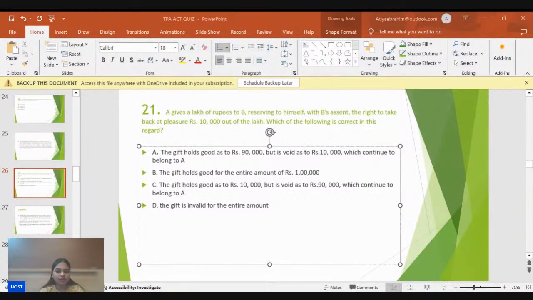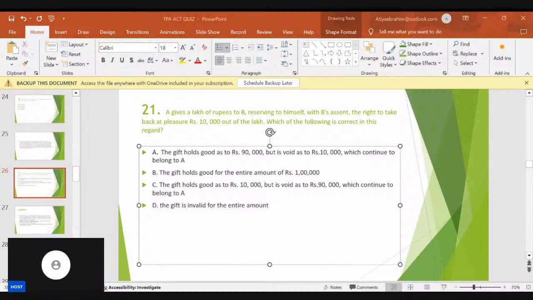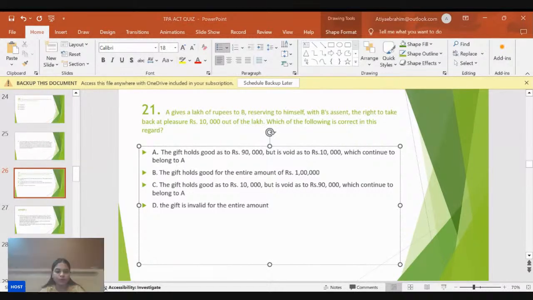So tell me the correct answer to this also. 21. What is the correct answer to question number 21? Vikas says C. Okay. What about others?